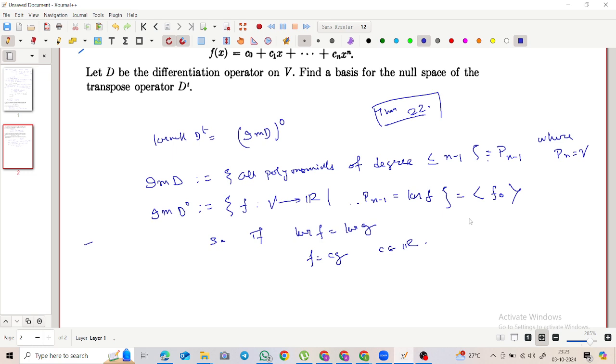So all of them are scalar multiples of a single functional.